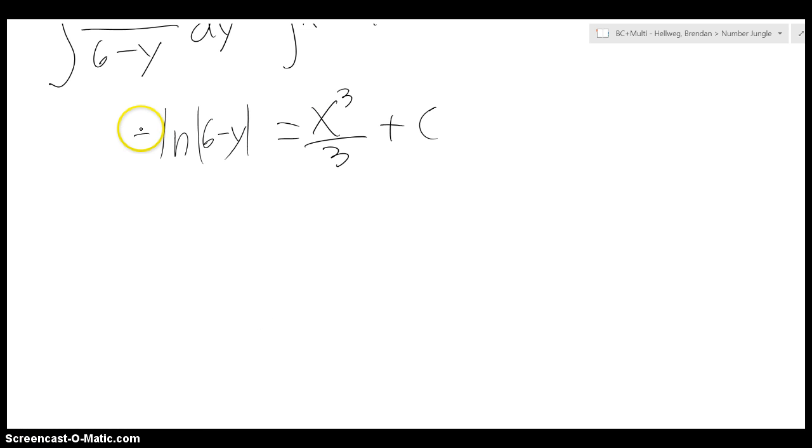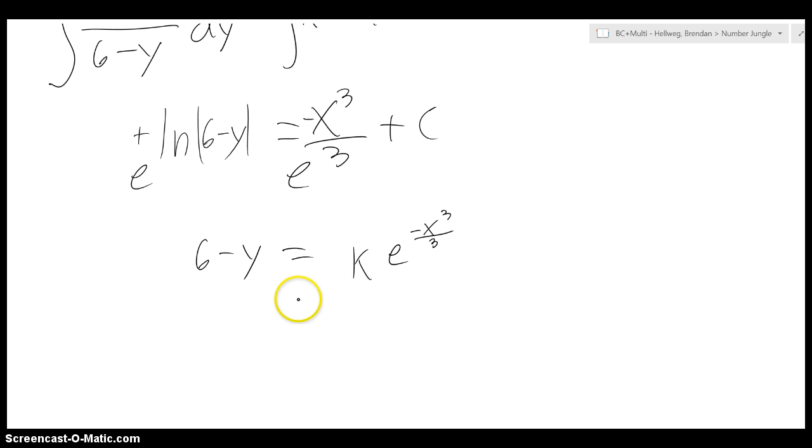So let's just move this minus to this side, and it doesn't matter about the c, it can be plus or minus, no question for us. And let's raise everything as a power of e. That makes this just 6 minus y equals k e to the minus x cubed over 3.